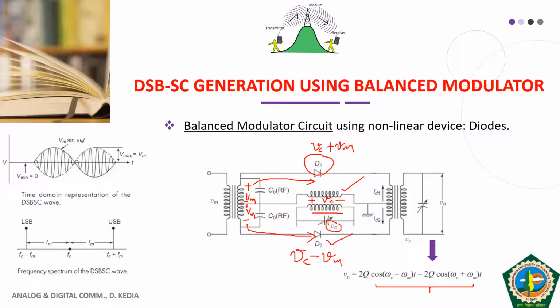Your current flows through D1 and D2. Again, this output transformer primary is also center tapped, and this is the common point.